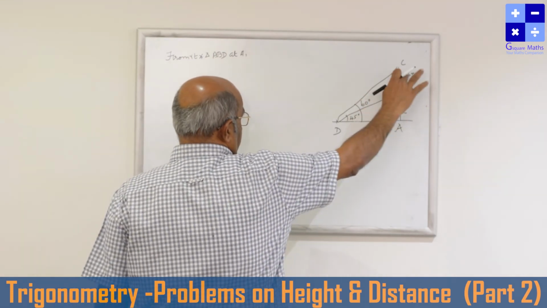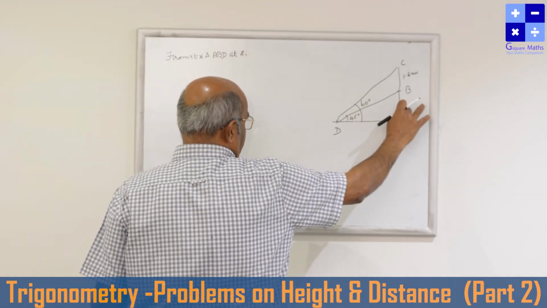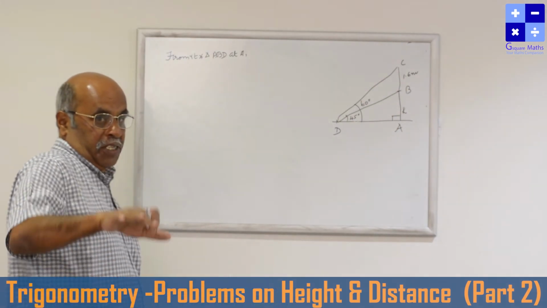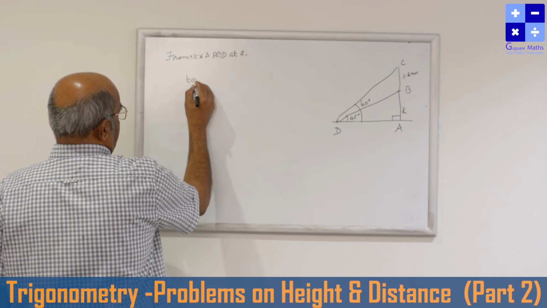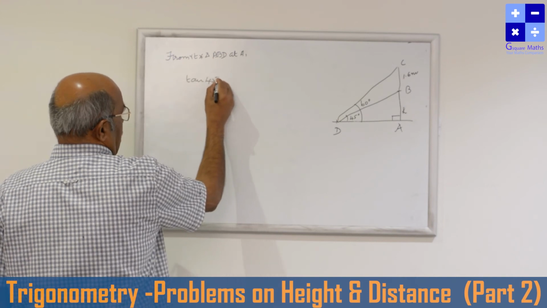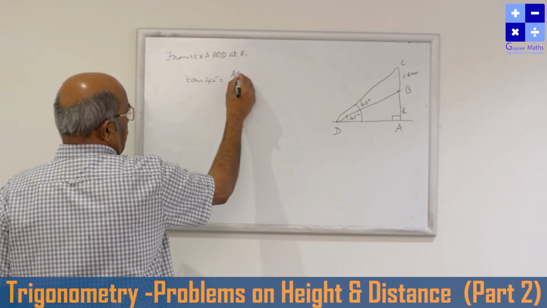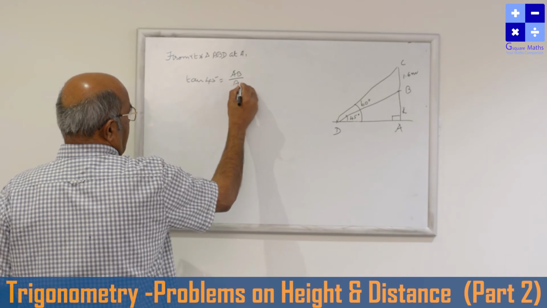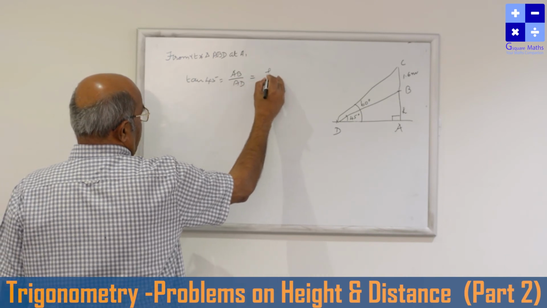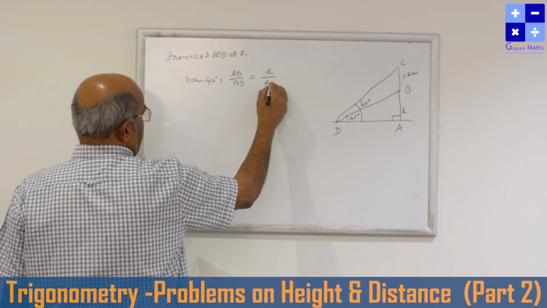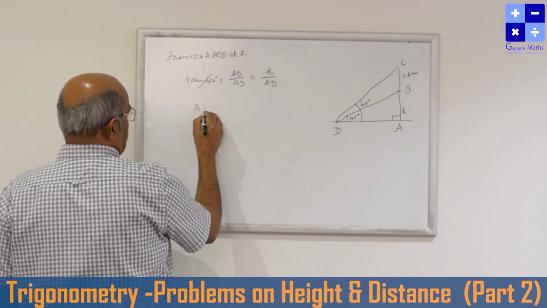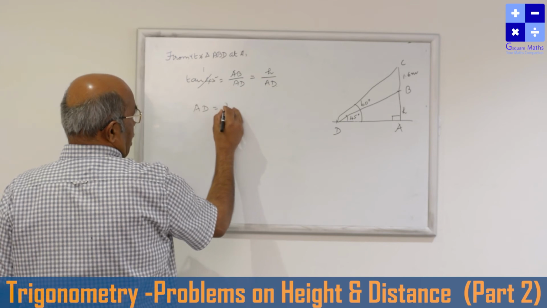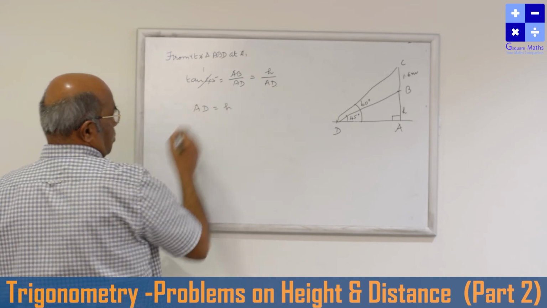Statue height is given already as 1.6. This height only we have to find out, the pedestal height. So tan 45 is equal to AB by AD. AB is nothing but H, so H by AD. And this tan 45 is 1. Therefore, AD is equal to H.